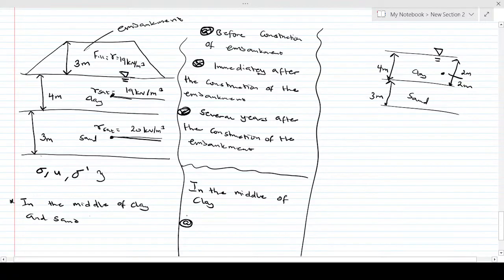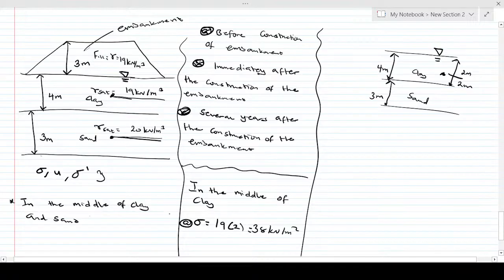So if you want to find the total vertical stress in the middle of the clay layer, it's simply from the ground surface to the middle of the clay. So we have the unit weight of the clay, which is 19, times the distance to the point of interest, 2 meters. And this is going to give us 38 kilonewton per meter square.